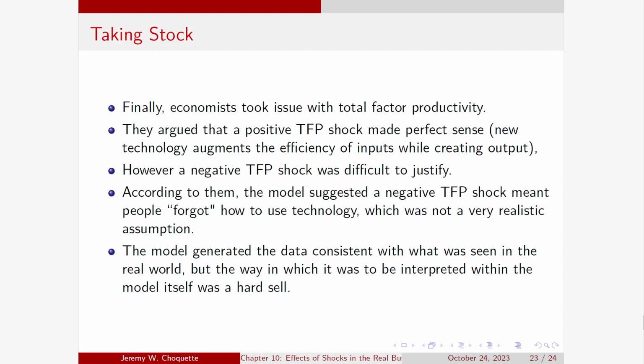However, as I've talked about before, there has been technology that has been forgotten over time. So it's not really the most unrealistic assumption that we could possibly be making here. And again, the model did generate data consistent with what we see in the real world, but the way in which it was to be interpreted within the model itself was maybe a little bit more of a hard sell.